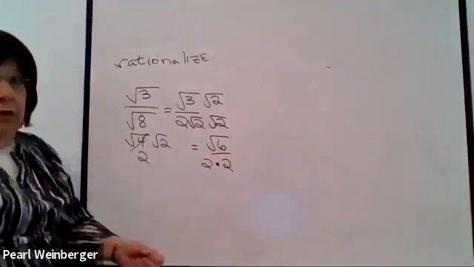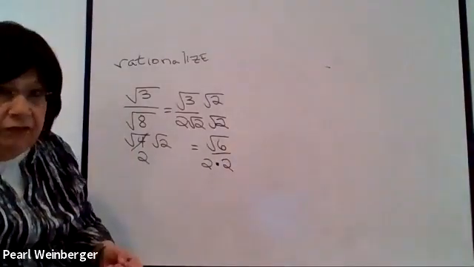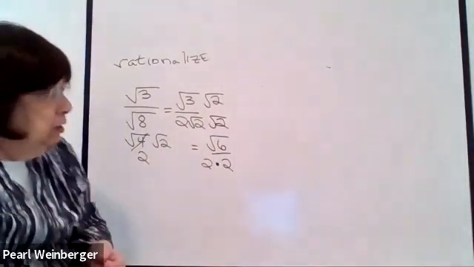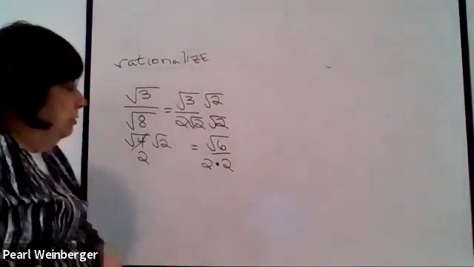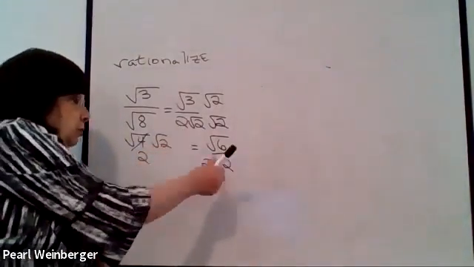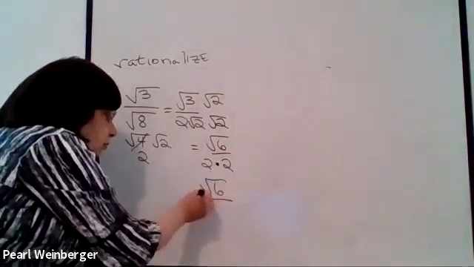Remember, that was the whole point. When you multiply a radical by itself, it gets rid of the radical. So I have this 2 originally from here and this 2, so that it ends up with radical 6 over 4.